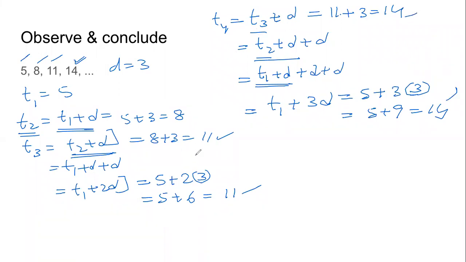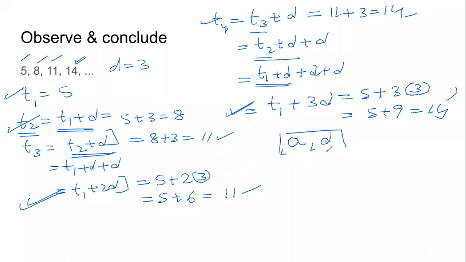Now you see the advantage of this formula: we don't need to know T2 to find T3. We don't need to know T2 and T3 to find T4. All we need to know, whether it is T2, T3 or T4, is A and D.